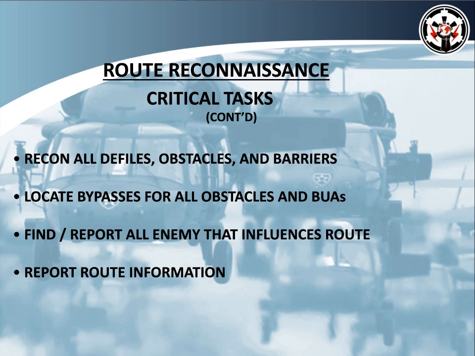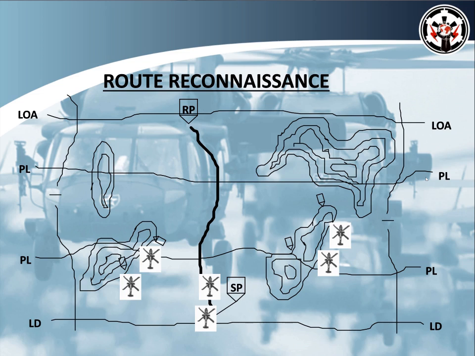So what are the kind of obstacles? What's going to influence? How does the enemy look like they're going to be resupplied in case they get attacked? Another crucial piece of information that could be critical. Route reconnaissance is, like I said, here's an example of 3 teams conducting route reconnaissance.